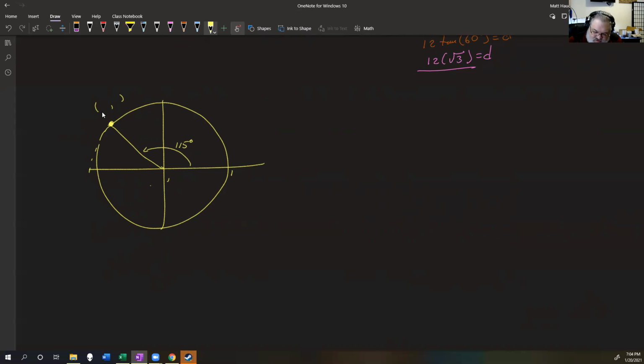How would we find what this X value is? We would do cosine. That's going to be the cosine of 115 degrees. And the Y value would be sine of 115 degrees.